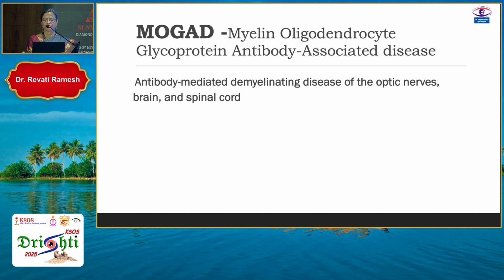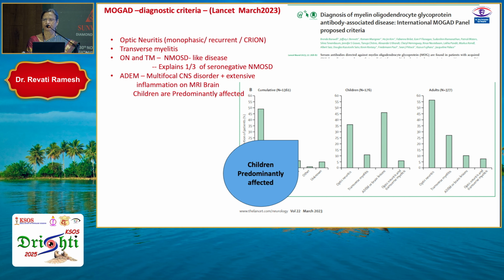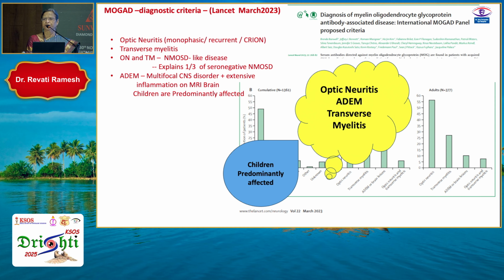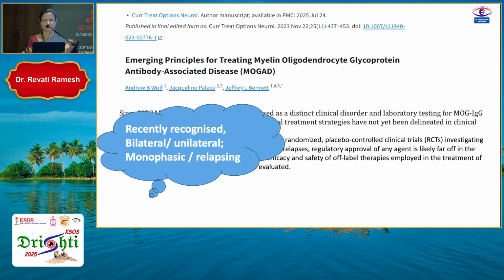Coming to myelin oligodendrocyte glycoprotein antibody associated disease, or MOGAD, this is a relatively new disease that has been recognized. Children are predominantly affected. Optic neuritis, ADEM, and transverse myelitis are the 3 modes of presentation. Since it is recently recognized, it is found to be either bilateral or unilateral, monophasic or relapsing.